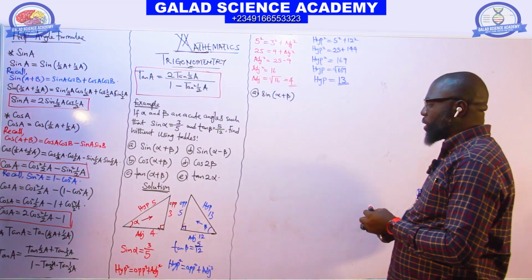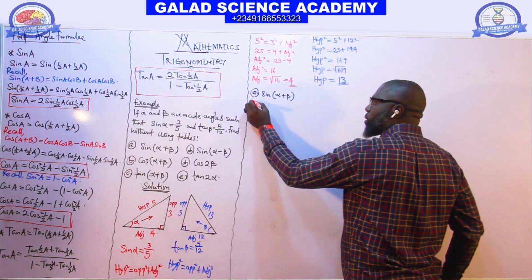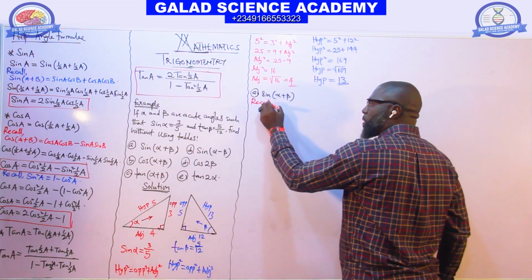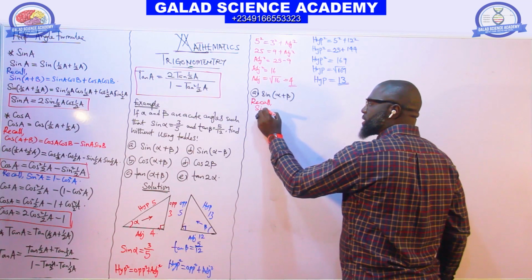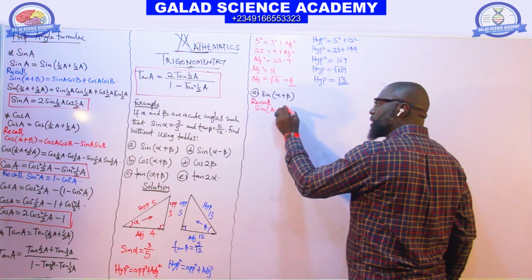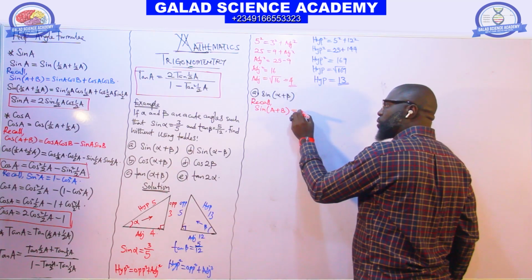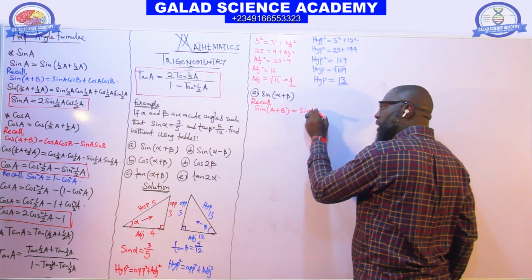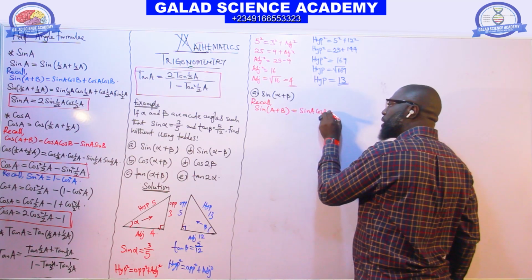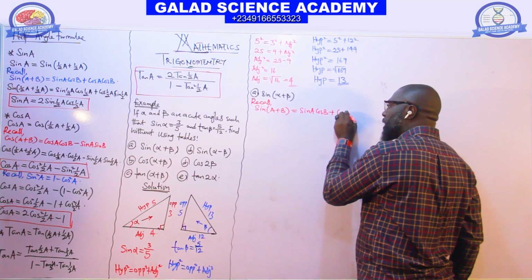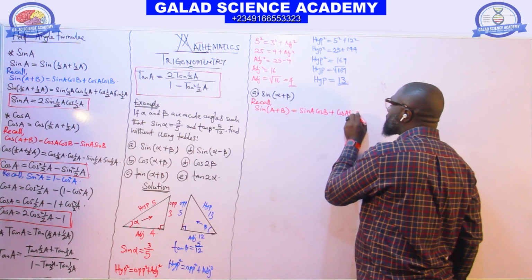Recall that sine of A plus B is always equal to sine A cos B plus cos A sine B.